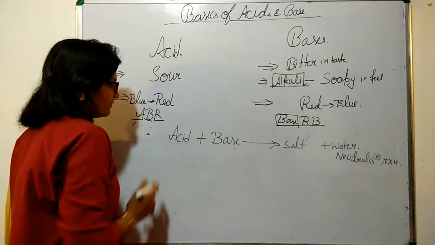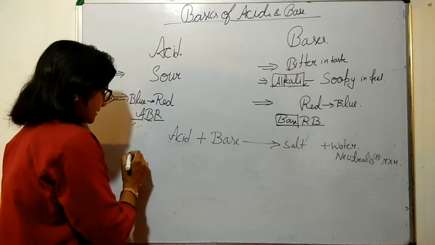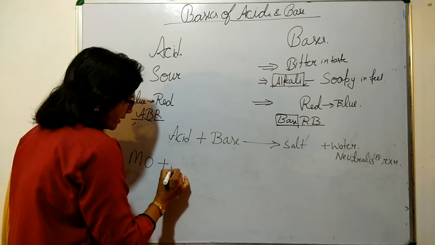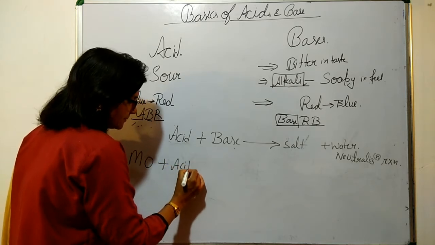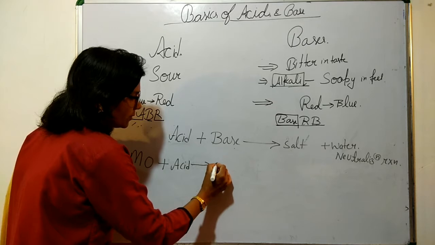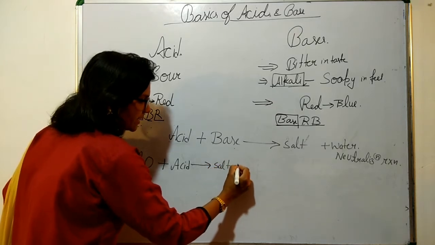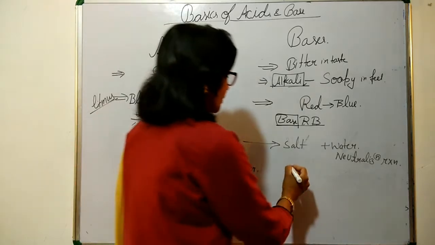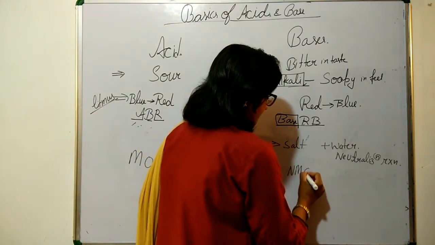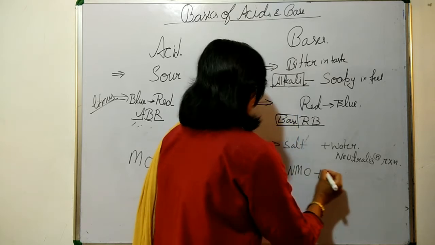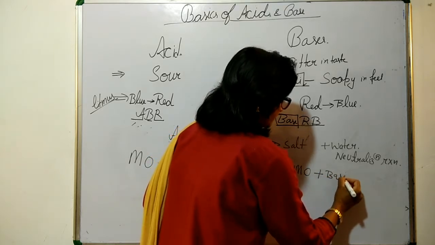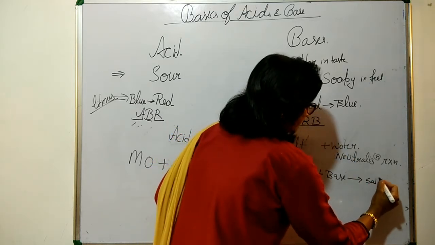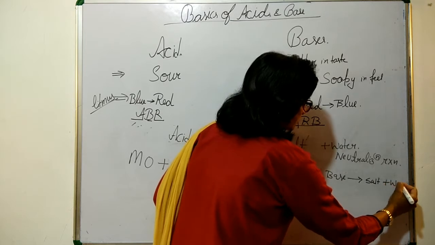Then the reaction of metallic oxide and acid. Metallic oxide, when it reacts with acid, forms again salt plus water. Here, non-metallic oxide plus base, if they react with each other, then it forms salt plus water.